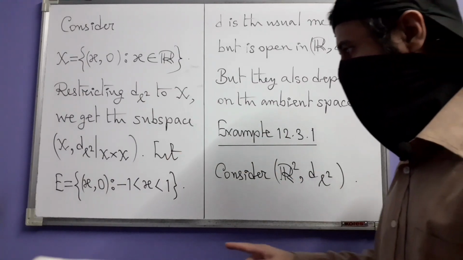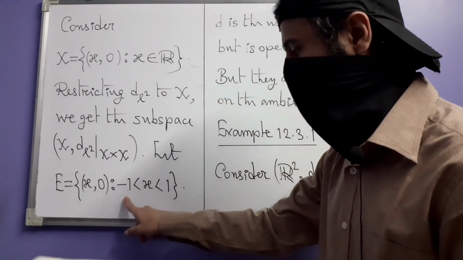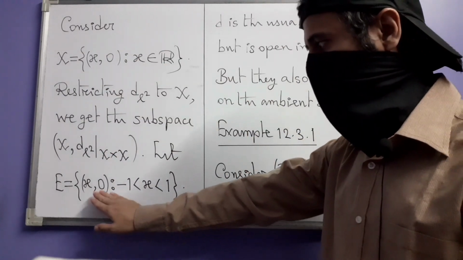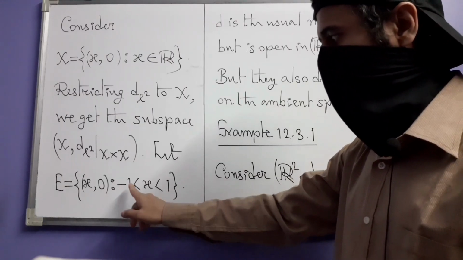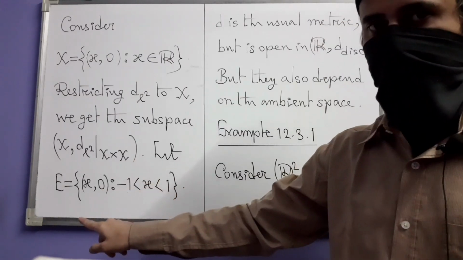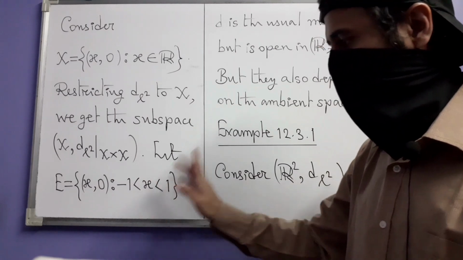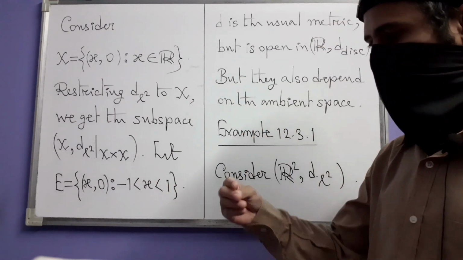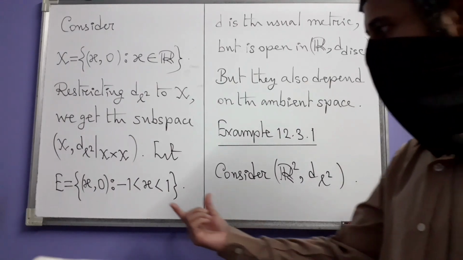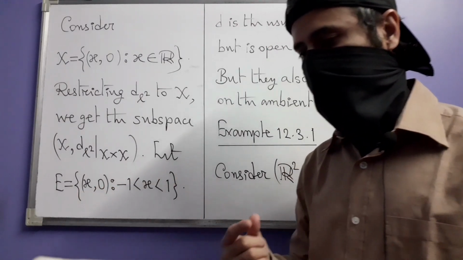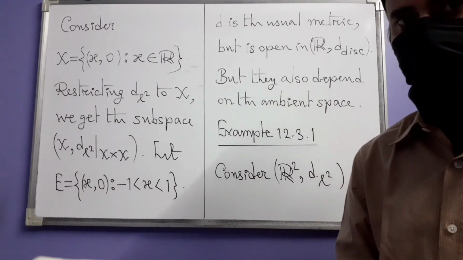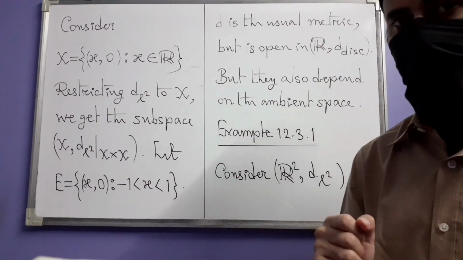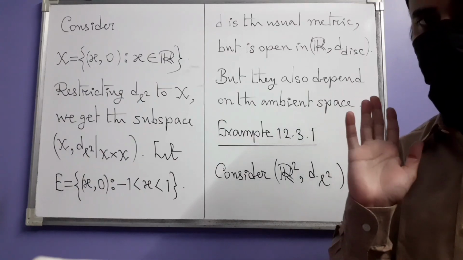And then you consider this subset E of X. E has those points where the X part is a real number lying between -1 and 1. Or you can view E slightly differently also. E is itself a Cartesian product, the Cartesian product of the open interval (-1, 1) and the singleton set {0}.